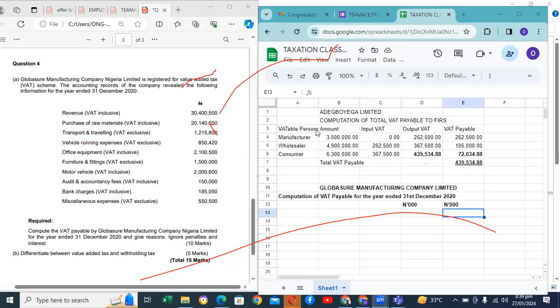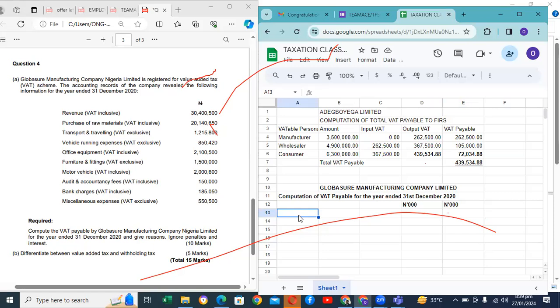That's one. Number two, VAT on equipment or on capital expenditure will not form part of the input VAT. Capital equipment will not form part of input VAT. Are you with me?